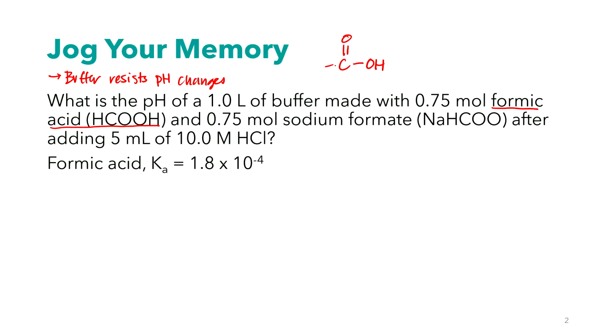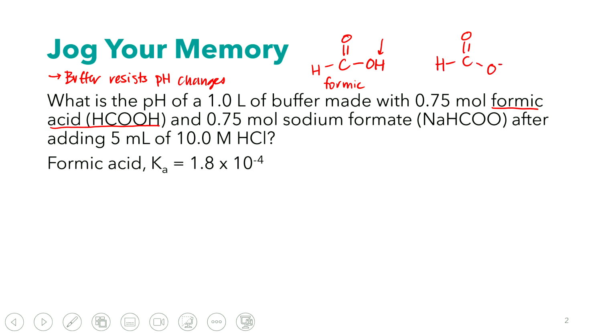We'll draw this properly. So that's formic acid, and that is my acidic proton right there. But then I'm also adding in sodium formate, which looks like this. It has that H pulled off, and it's a salt. It's partnered with Na+, which doesn't have an impact on my solution. It's a spectator ion. It just hangs out, and it's happy to do so.